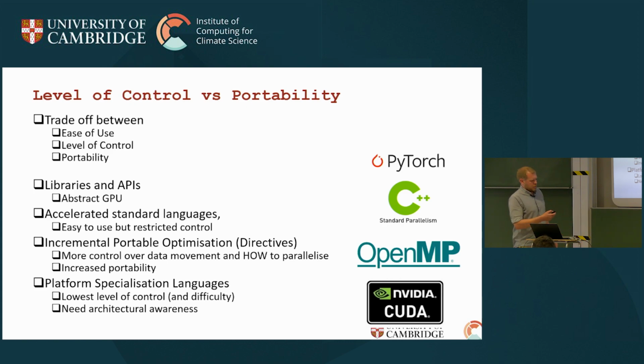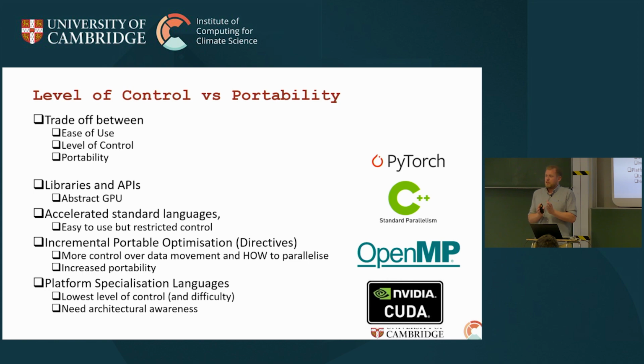So the simplest approach, accelerated standard language design, is really easy to do, but gives fairly restricted control. It doesn't expose you to much of the GPU's architecture. The other approach, somewhere in the middle, is this idea of incremental portable optimization. Typically using something like directives, so something like OpenMP or OpenACC, gives you a bit more control over things like data movement and how to parallelize.